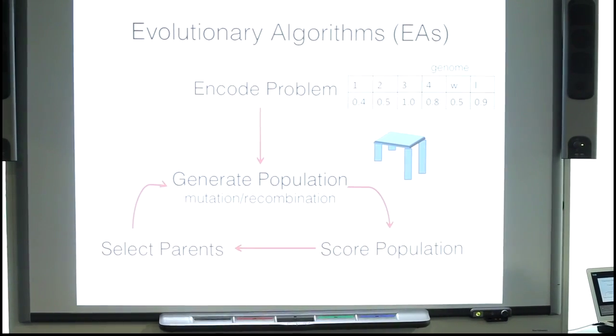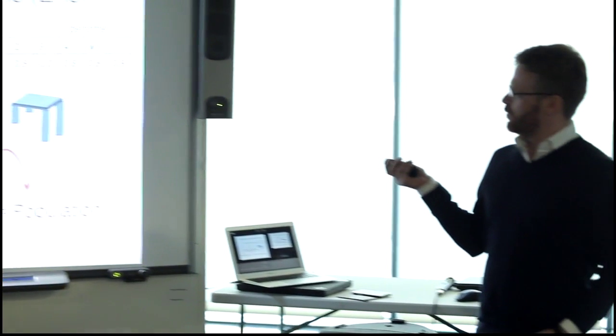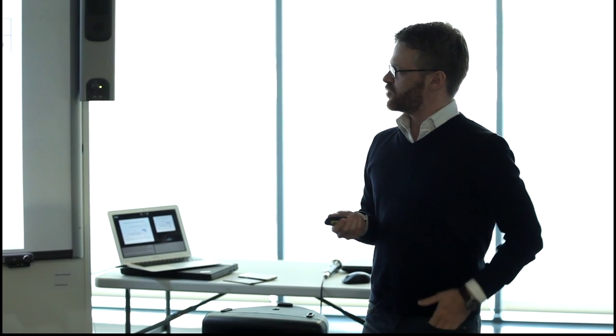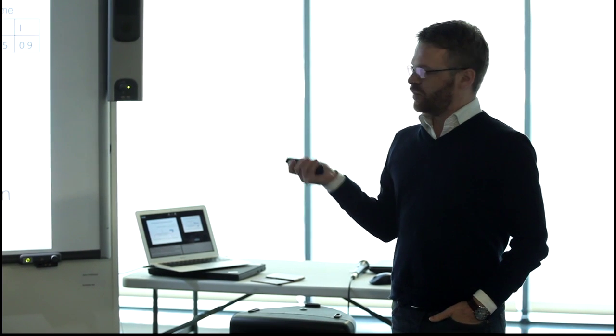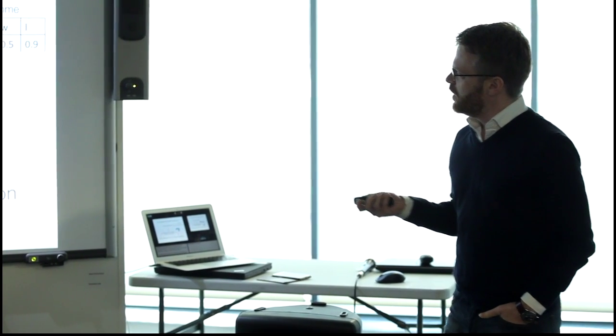And the other part, what I mostly work on, is how can we represent the problem to the computer so that the computer can best work with it and create complex structures. So I'm going to, in this very simple example of a table, show you the different kinds of representations that you can use to run this artificial evolutionary process, and the pros and cons maybe of different representations. So let's say we want to evolve a table.